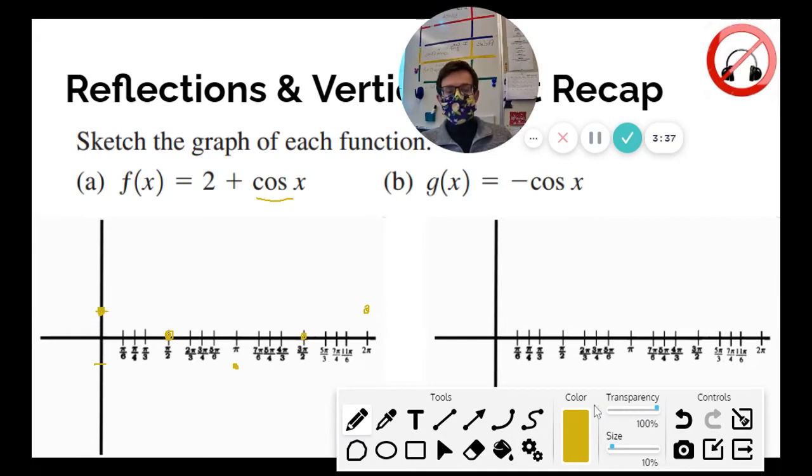Now, if I want to graph this vertical shift of 2 plus cosine of x, all that I'm doing here is I just take cosine of x and I shift it up by 2. So this high point is going to shift up 1, 2. This midpoint is going to shift up 1, 2. Low point is going to shift up 1, 2 to 1.